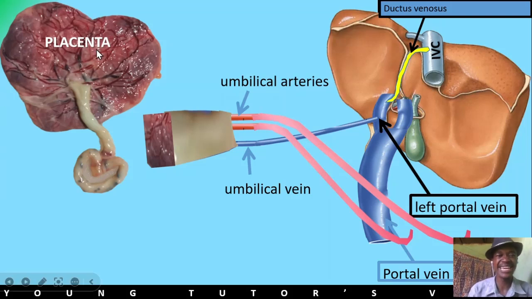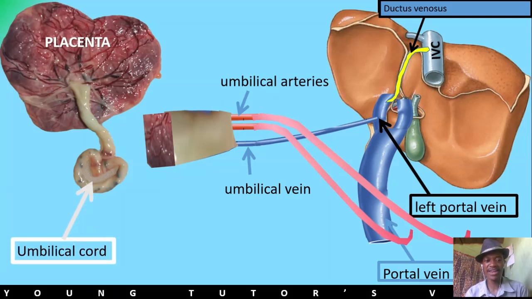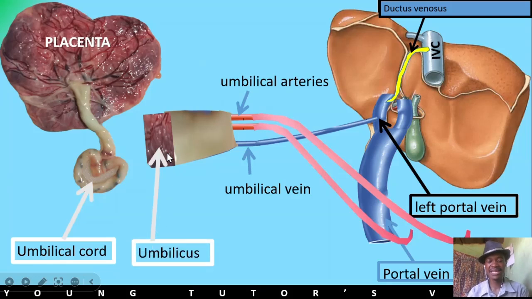After placenta expulsion, what follows is the clamping of the umbilical cord. When the umbilical cord is clamped and cut, these umbilical vessels just remain connecting to the umbilicus. When they are connected there, their supply is lessened. Especially for the umbilical vein, the supply just stops because it was receiving blood from the placenta.